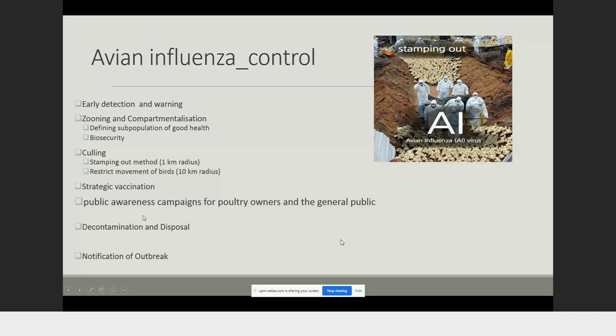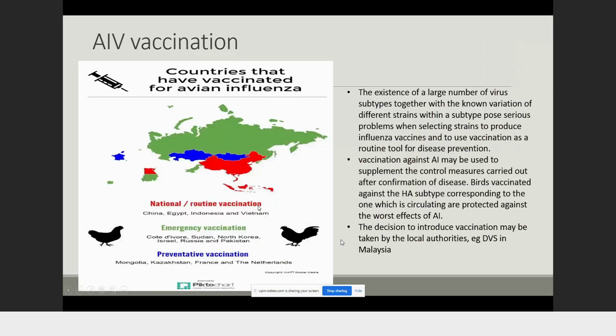This is one of the preventive strategies to educate the public, in this case the poultry owners, about the disease. Decontamination and disposal are also important. If the carcasses or animals are not disposed of or decontaminated properly, they will be the source of the next infection.